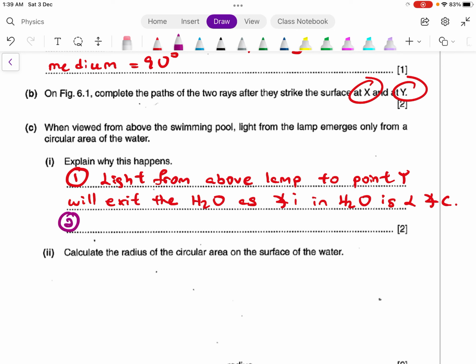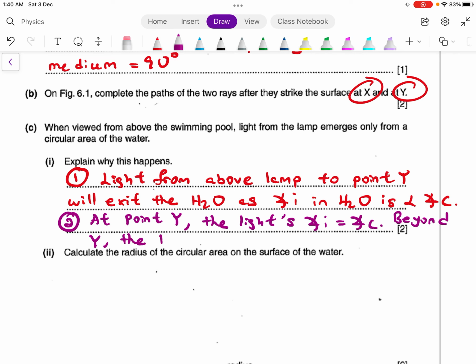For the second point, you talk about the light that is beyond point Y. So at point Y, the angle of incidence is equal to the critical angle. Beyond Y, the angle of incidence is above your critical angle, so it will undergo total internal reflection.